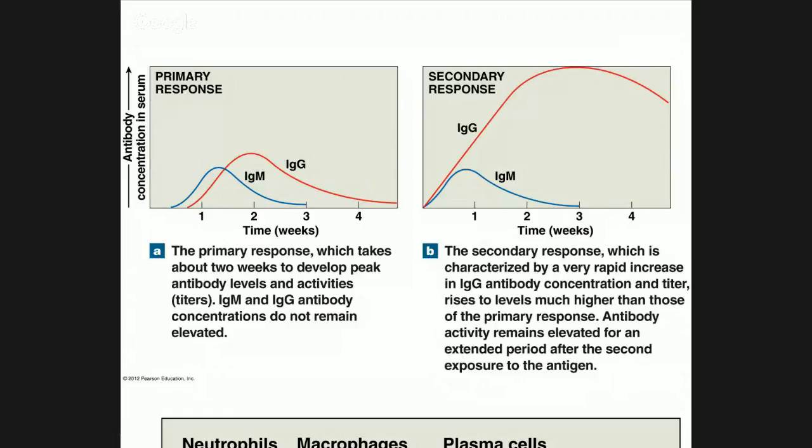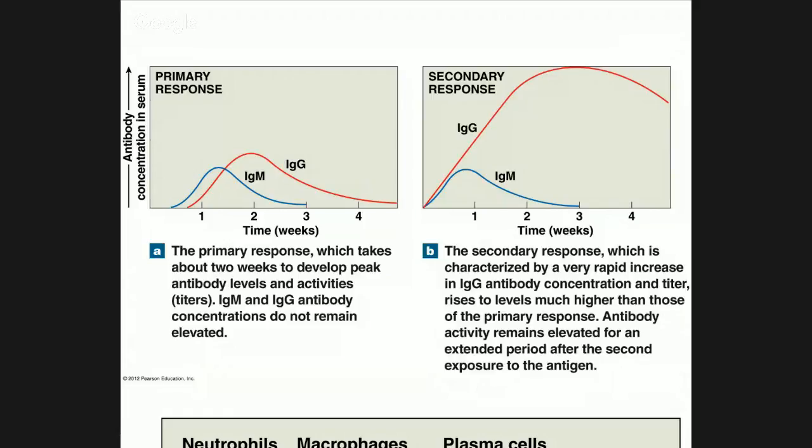Once you've been exposed to something for the first time, the B cells are activated, the T cells are activated, all that stuff takes place. And part of the activation process is the production of memory cells that are ready for a future exposure.